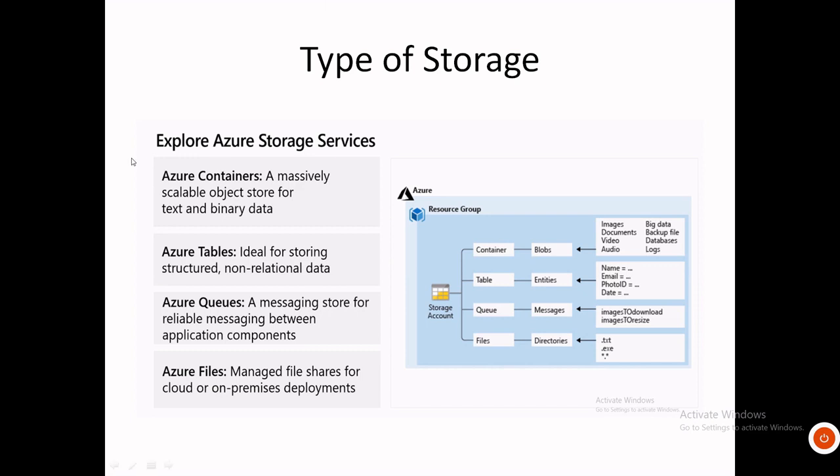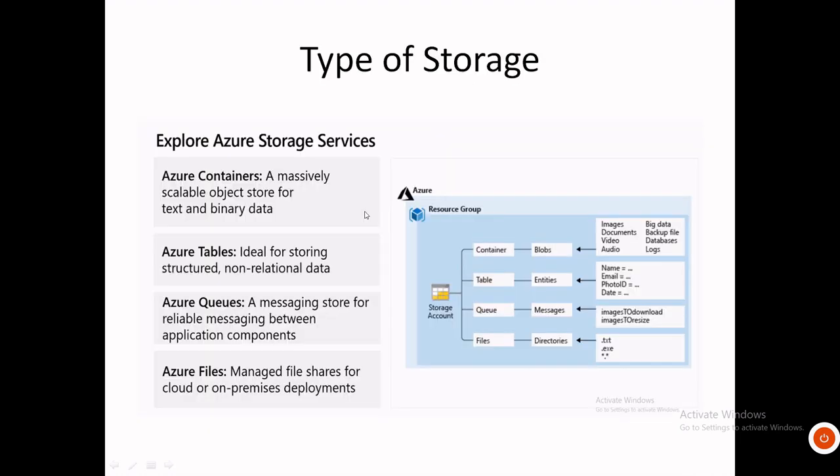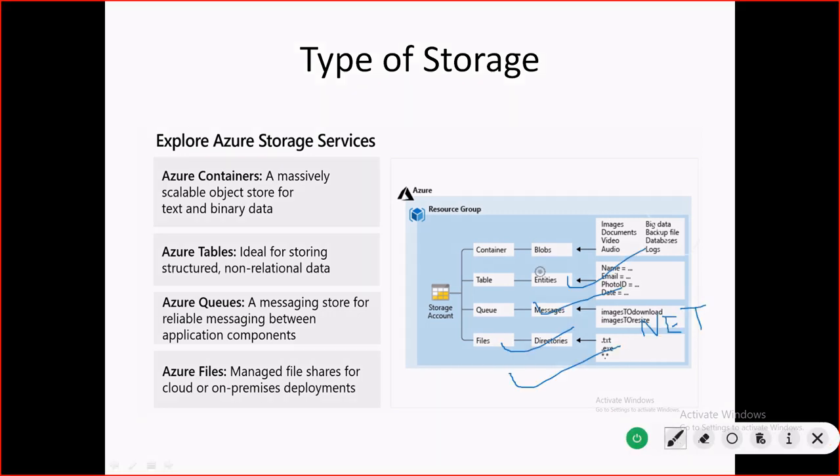The most important under Azure Container is Blob storage, and it is in high demand. Give me a sec, guys. Under this container service, we have this blob storage, and it's in high demand. So today we will work on this blob storage.